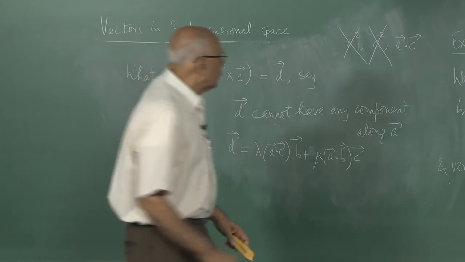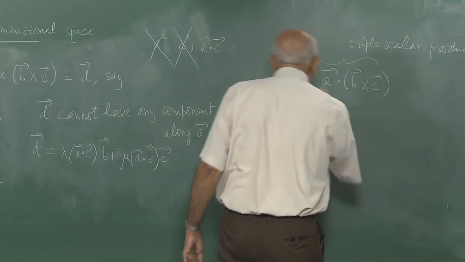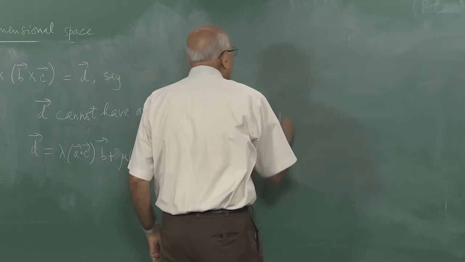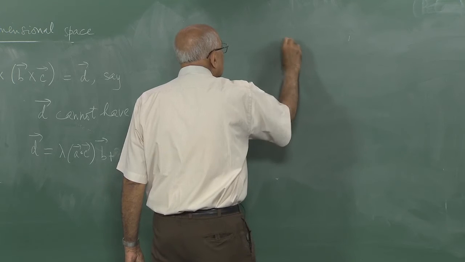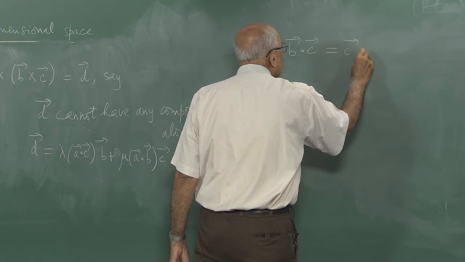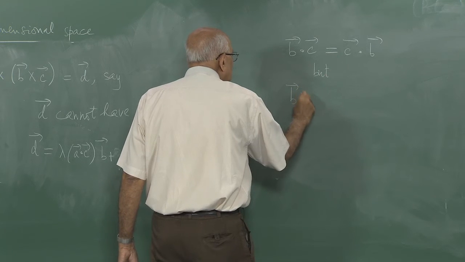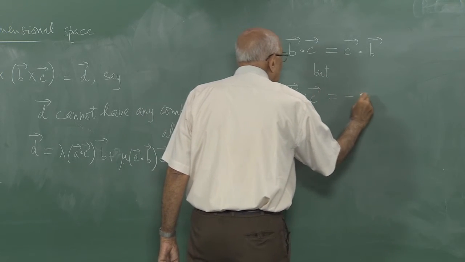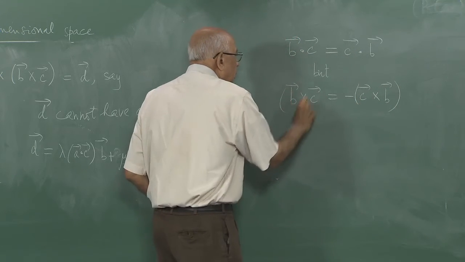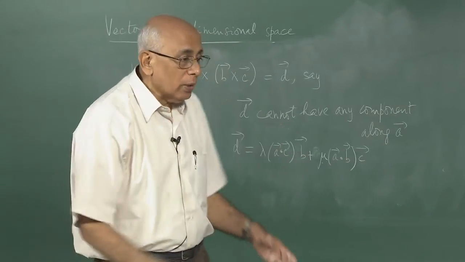What do we do next? Well, we argue by saying that the way we constructed the cross product of two vectors was such that while two vectors B dot C gave a dot product which is the same as taking it in the other order, C dot B, B cross C is equal to minus C cross B. The cross product was antisymmetric under the exchange of the two vectors in the product, because we wrote the components down.